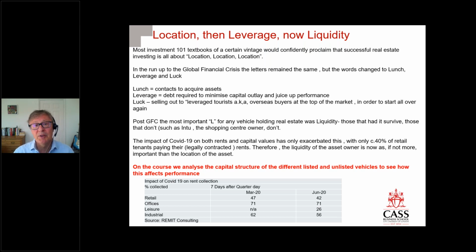You could have the best looking spreadsheet and the best investment analysis in the world, but unless you actually own the asset, it's not going to do you much good. So you needed the contacts to acquire the assets and indeed to sell them later on. So networking, which in the UK and Europe normally involves a rather nice bottle of wine, not so much in North America, is a very key part of it. So lunch I've put in there as the first L.